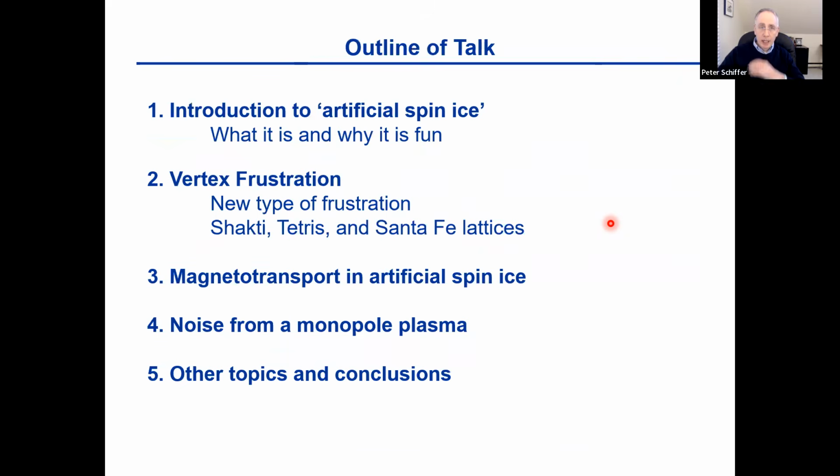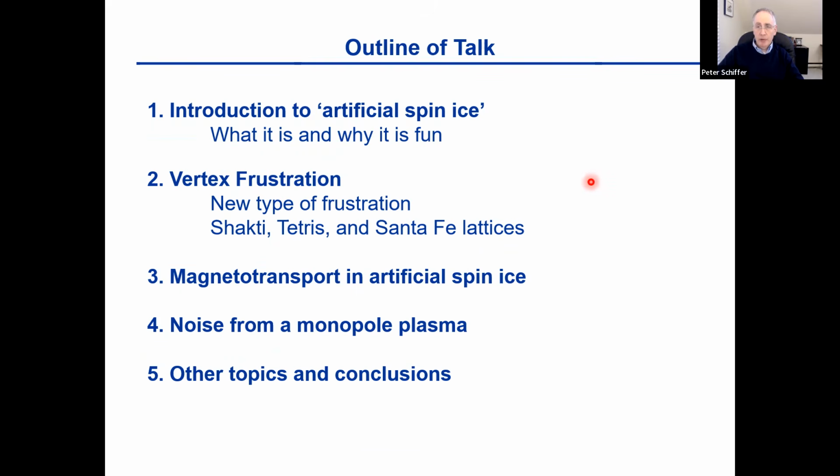So the outline of my talk, I'm going to give an introduction to artificial spin ice and explain what it is and why it's fun and interesting, why I've devoted 15 years of my research program to it. And then I'm going to talk about 3 topics of research in my group in the last few years.